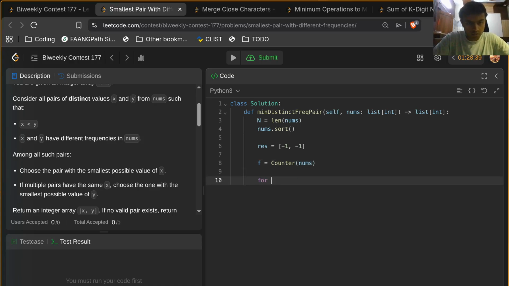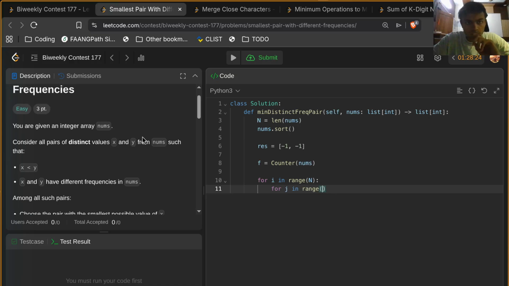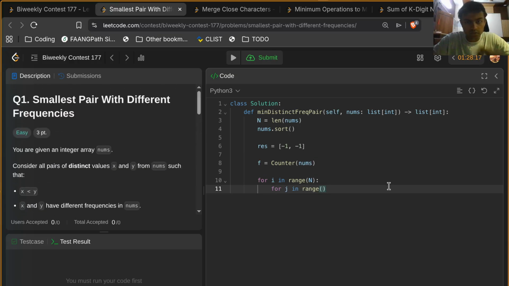So for i in range, all distinct values of x and y, what is it? Okay, 100.